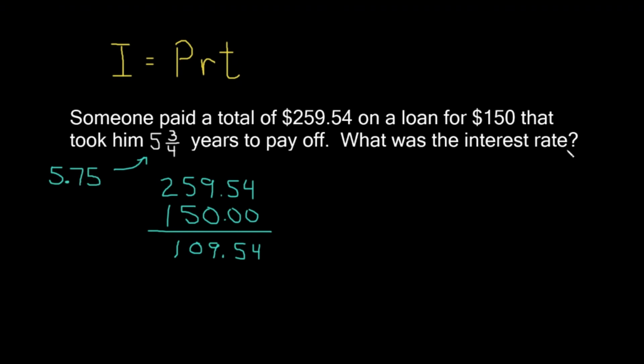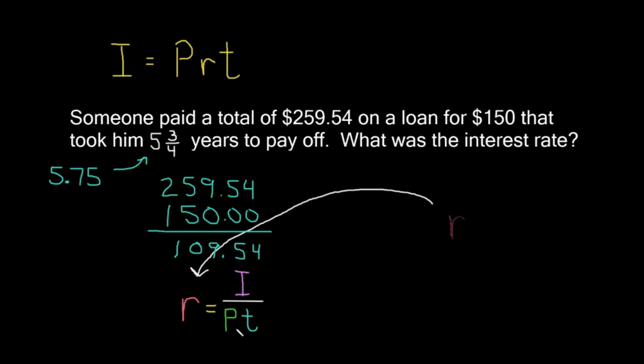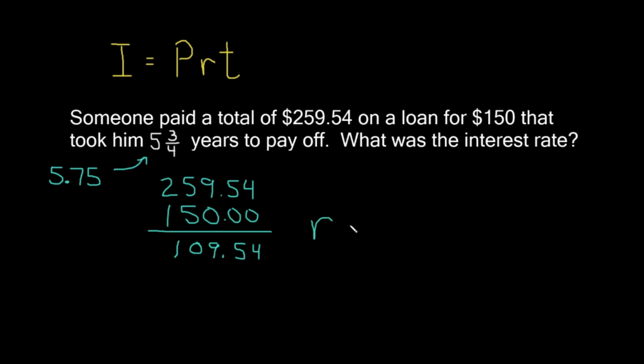And so now we need to know what the interest rate is. Well, if you remember the pyramid, what are we looking for? We're looking for the interest rate. So if we pull this R out, this is the new formula that we need: the interest rate equals interest over principal times time. So our rate equals our interest over principal times time.